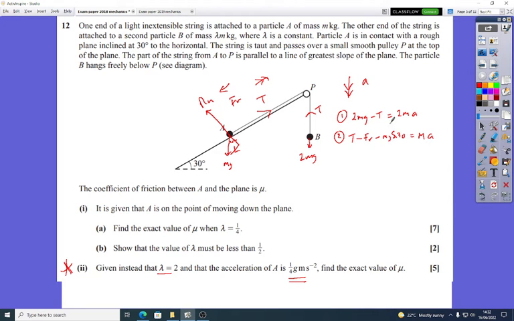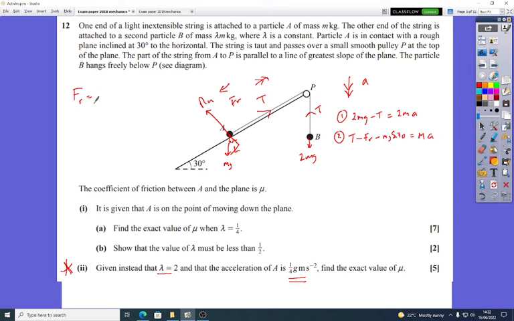Now, we've been given that scenario, and we also know the friction. We need to find out what that is. Okay, sorry, I thought we had worked it out. We know what the acceleration is. I was thinking we need to know one thing.